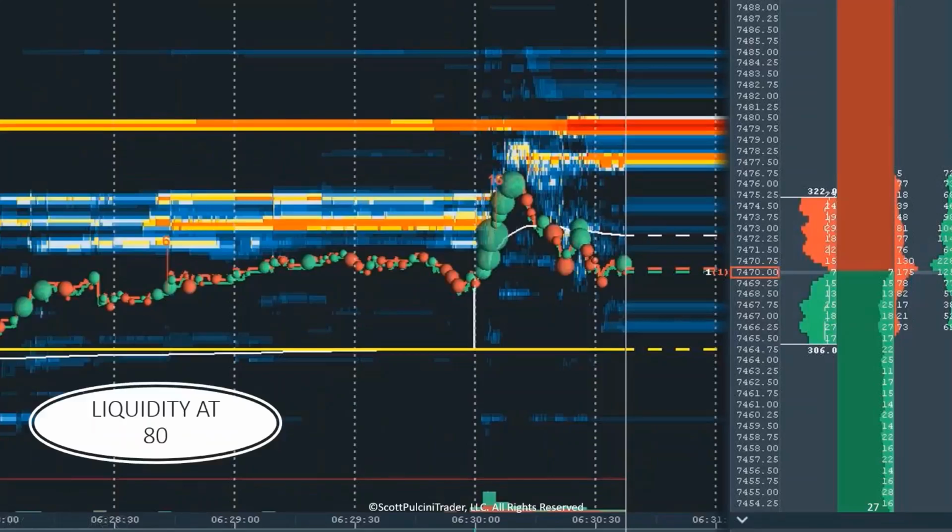Here's another example of the long-term liquidity sitting at 80. Oftentimes you want to front run it a little bit, but it's very likely that the price will come up and test it at some point. But you'll see those patterns and those levels reoccurring every day, it doesn't matter which price it is.